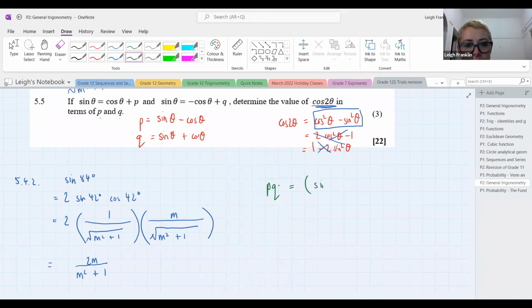So this could give us sine theta minus cos theta times sine theta plus cos theta. We would end up doing FOIL, and that would give us sine squared theta minus cos squared theta, wouldn't it?